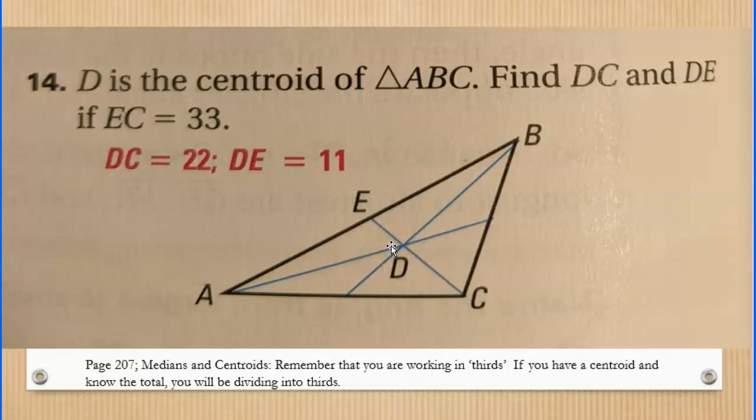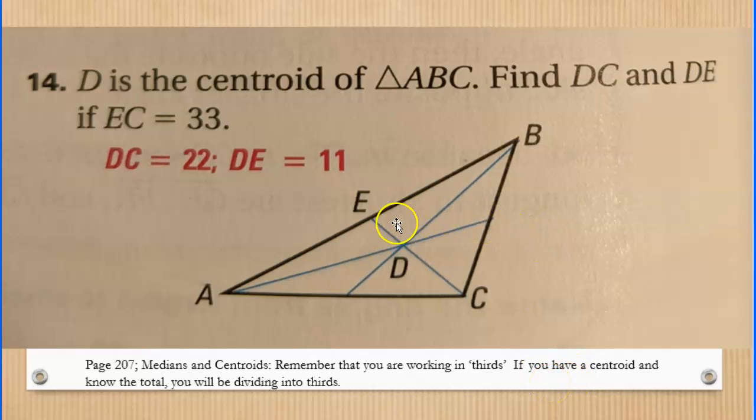When we have a centroid, we then begin to work in thirds. So there's going to be, for example in this one, the B angle. B to D is the 2/3, and the D to the line is going to be the 1/3. Look on page 207, that's where this formula is.